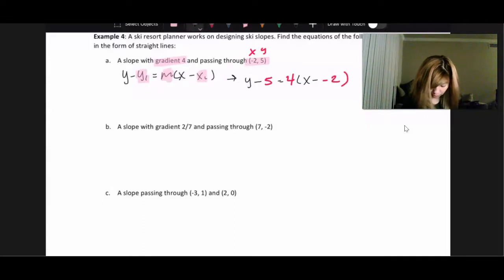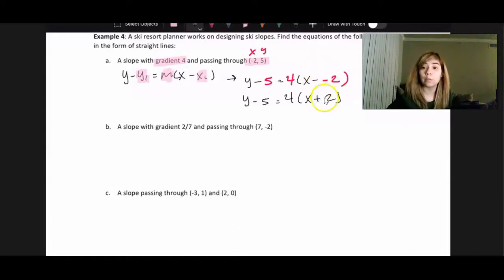Now the only thing I have to do is simplify it, because I don't like to leave double signs. But I do know that double negative that happened here becomes positive. So don't leave it as x minus negative 2. It's really x plus 2. And you're done.